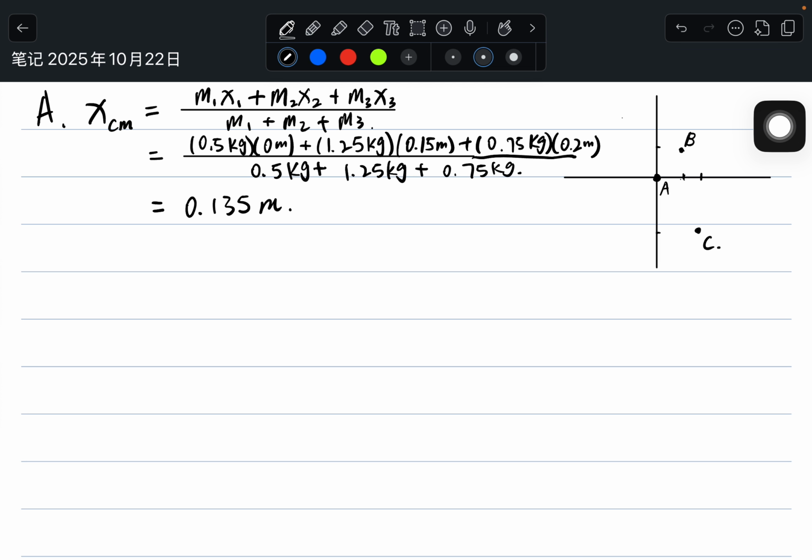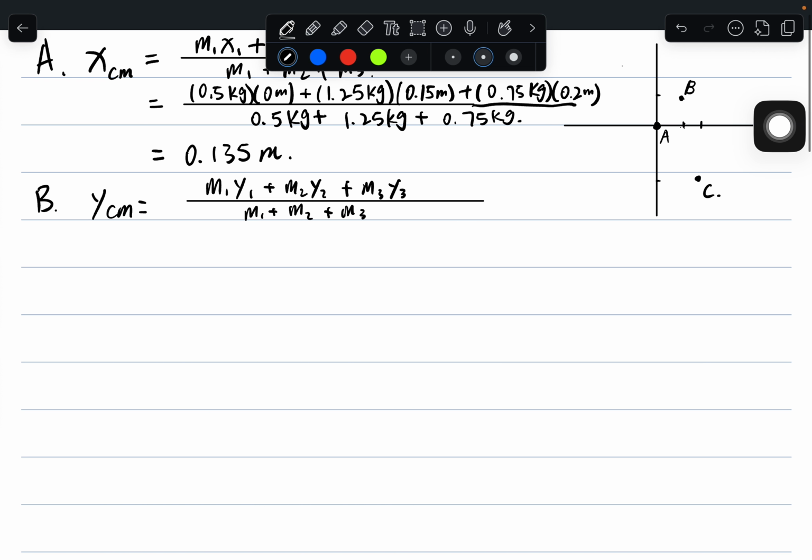That's our x coordinate. Part B asks for the y coordinate. It's the same formula: m1y1 plus m2y2 plus m3y3, divided by m1 plus m2 plus m3.